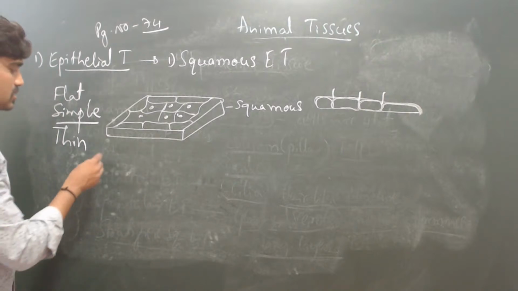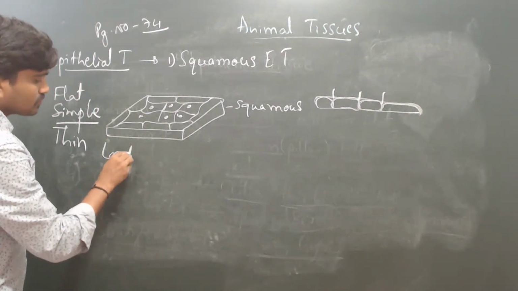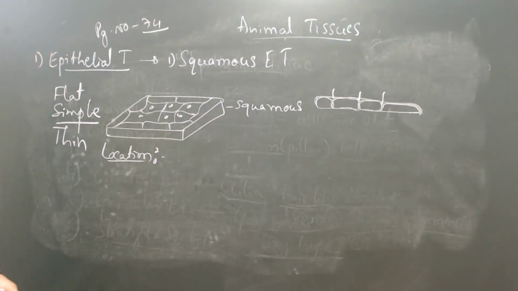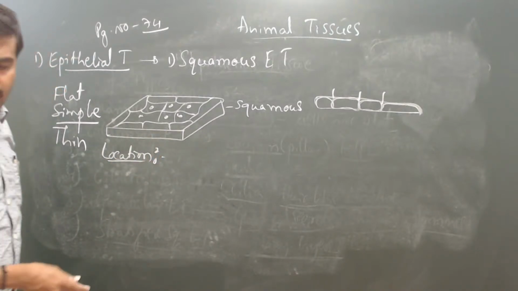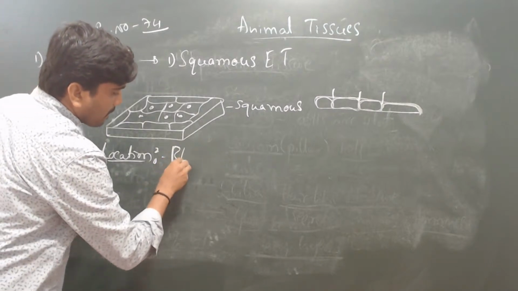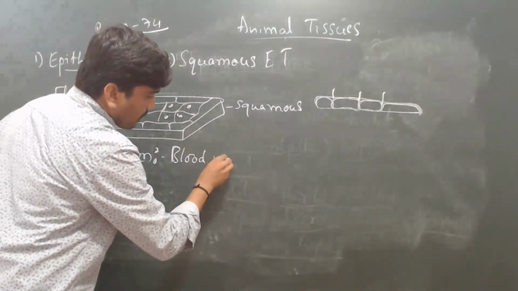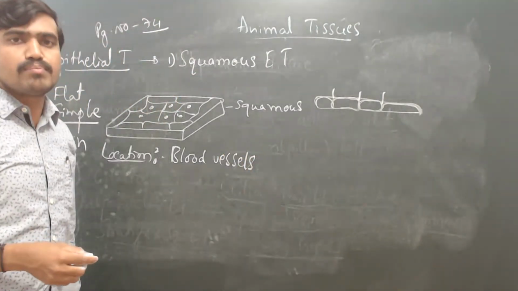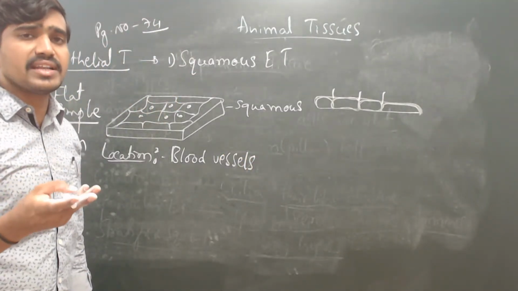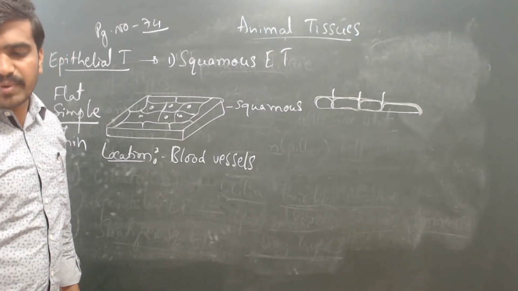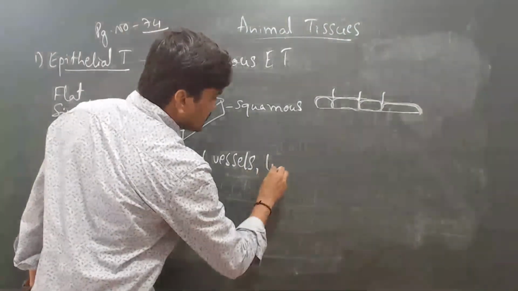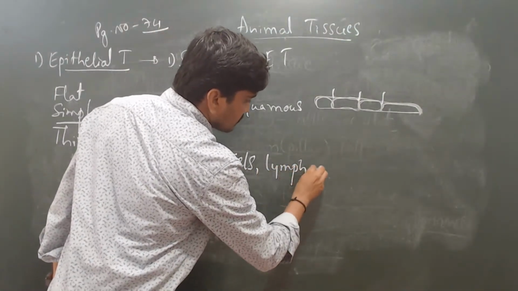Where is squamous tissue present? It is mainly present in blood vessels. Have you heard this word? There are three types: arteries, veins, and capillaries. It is also present in lymph vessels.